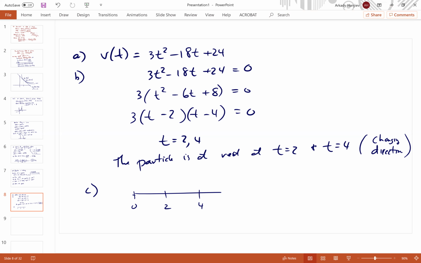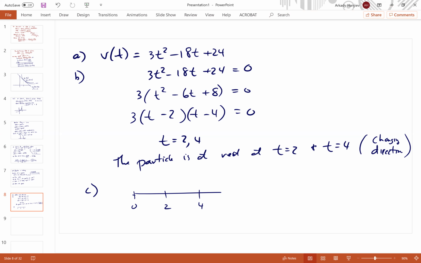So the question is this: in the interim, from 0 to 2, we need to figure out during this time whether this guy is going to the right or to the left. We could possibly change direction at 2, we don't know, so we're going to have to test a little piece from 2 to 4, and then test after 4.